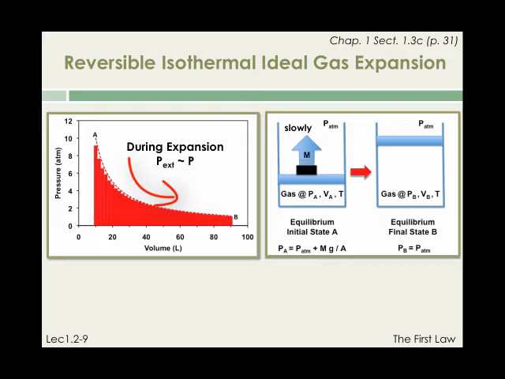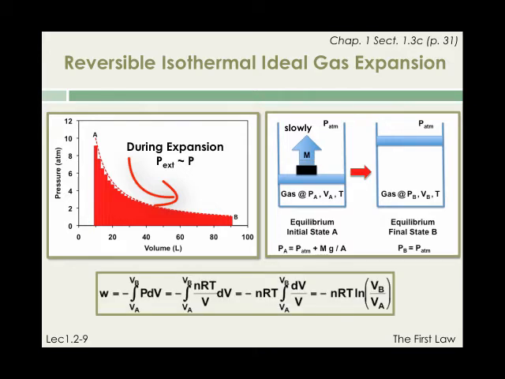The expression of the work was written in the preceding slides as minus the integral from VA to VB of P external times dV. The near equality between P external and P, the gas pressure, means that we can write the work as minus the integral of P times dV.